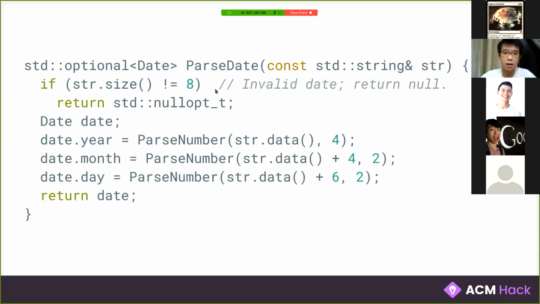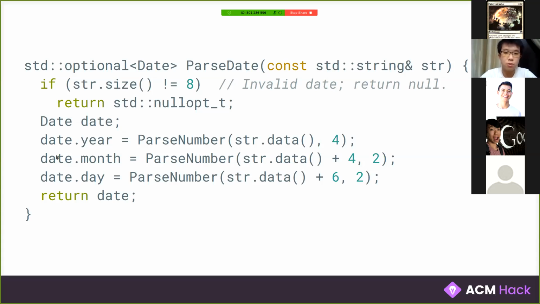If it does not, then we can just directly return null. There's some C++ technicality here, but that's basically what's going on. After that, we can be reasonably certain that whatever we get is a valid date, and in that event, we will first create a date object, as we've done here.